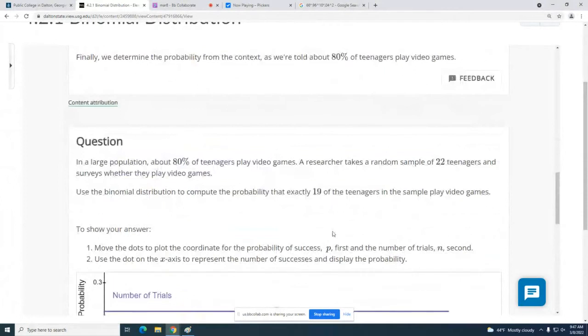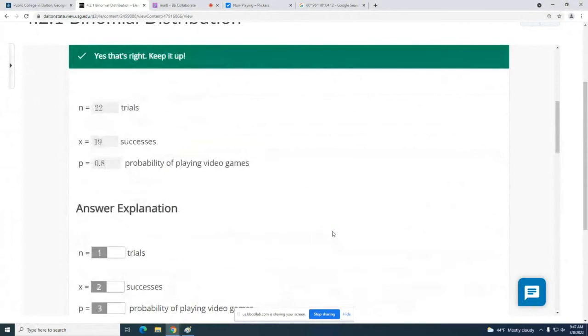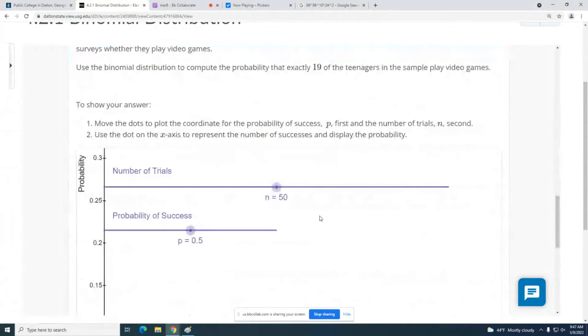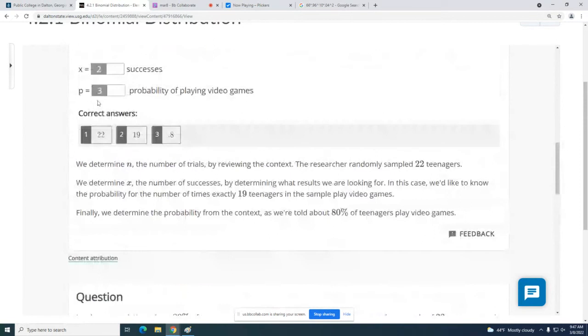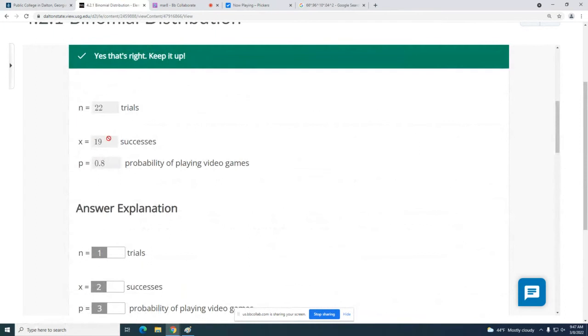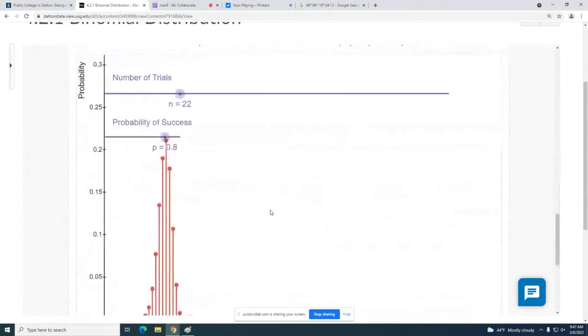The number of trials in our question is 22, so we move this to 22. Success was 80%, so we move this to 80. Sometimes it's hard to pinpoint the right point, so make sure you have a sensitive computer to do that. And then we have x equal to 19. The x is 19, so the number of successes is 19.